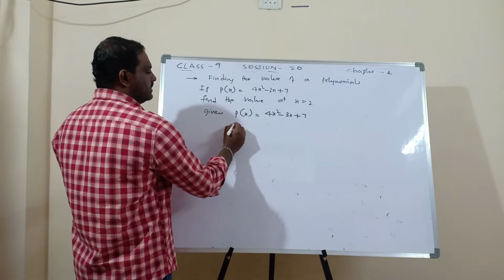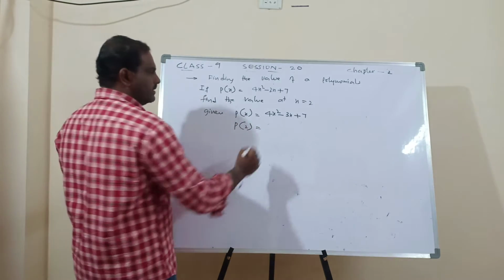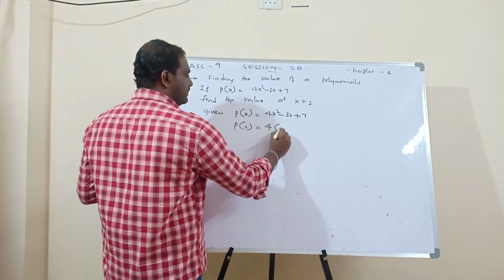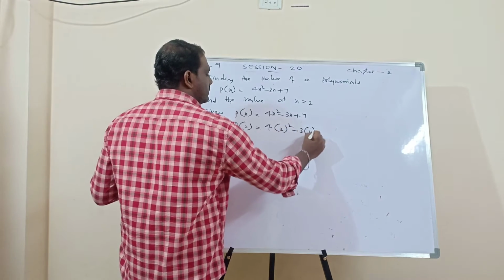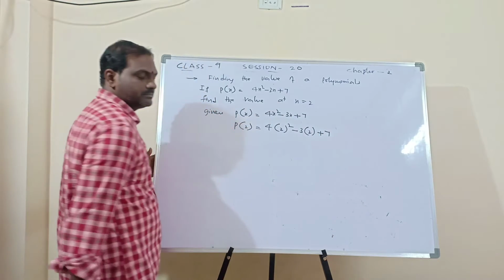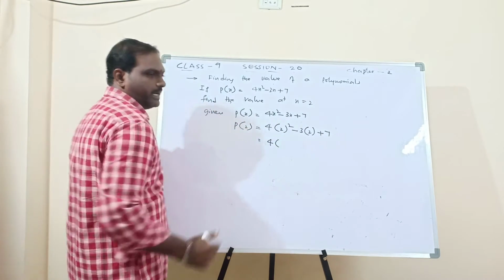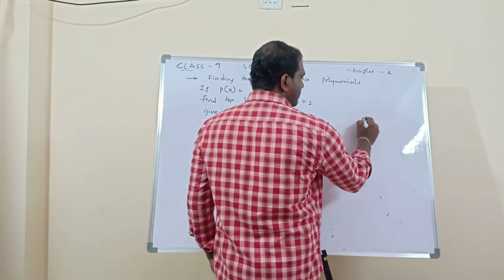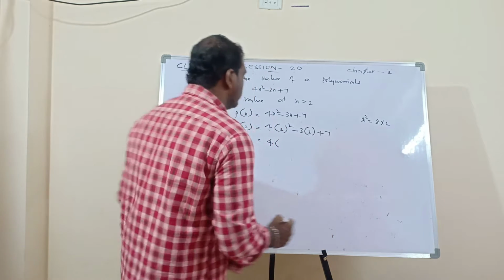Then we have to write p of 2. Now 4 into 2 square minus 3 into 2 plus 7. Now it is 2 square, and 2 square means 2 into 2, which is 4.